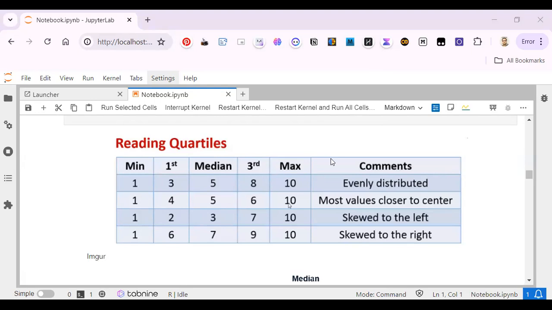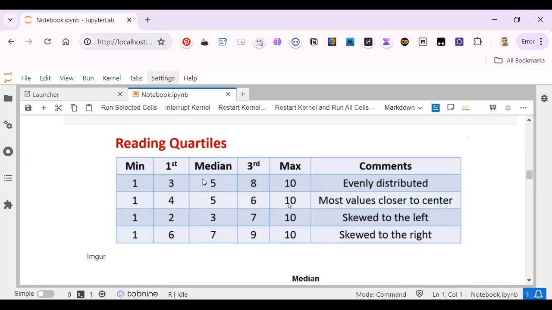Take the five values 1, 3, 5, 8, 10. Here 5 is the middle of the data, so that is the median.